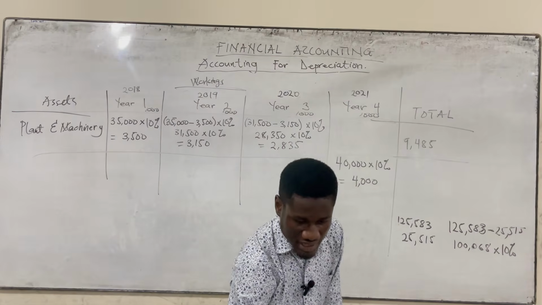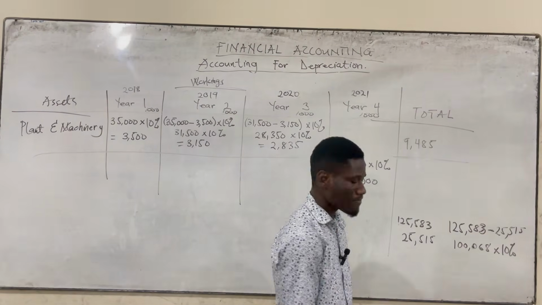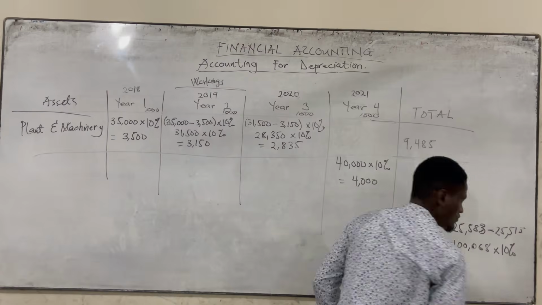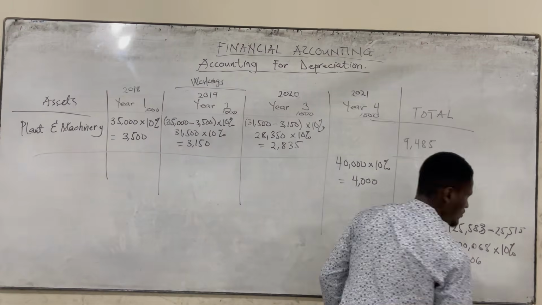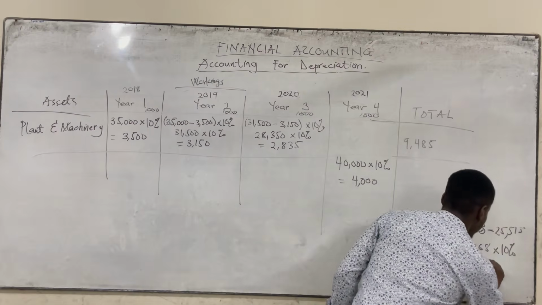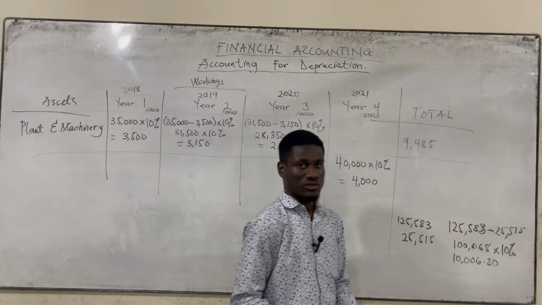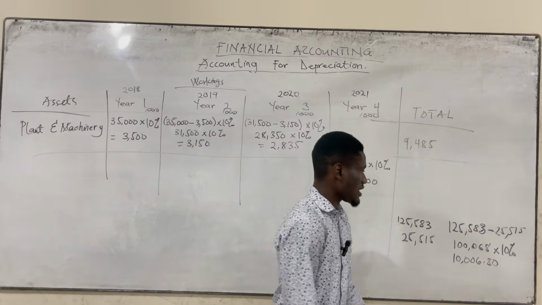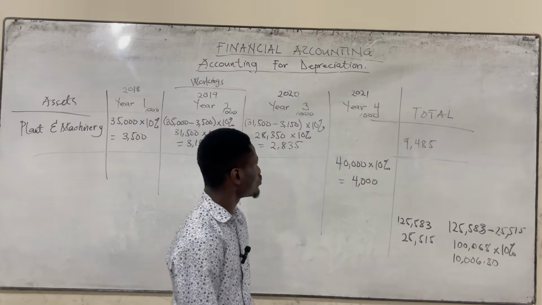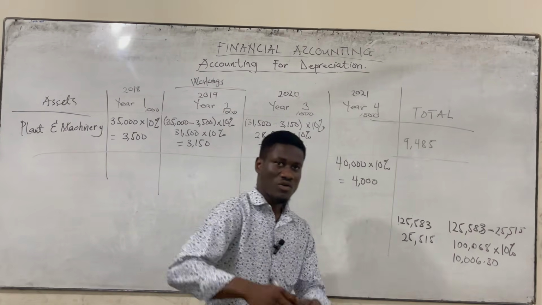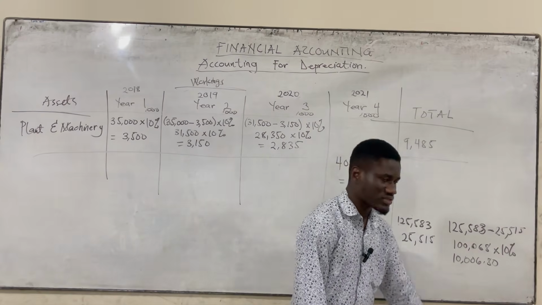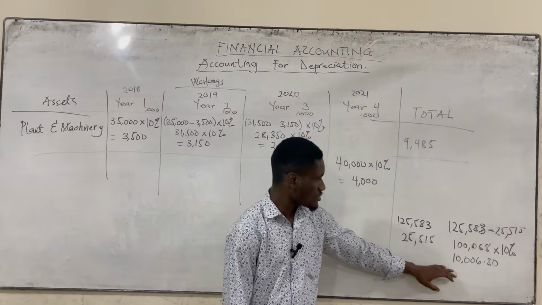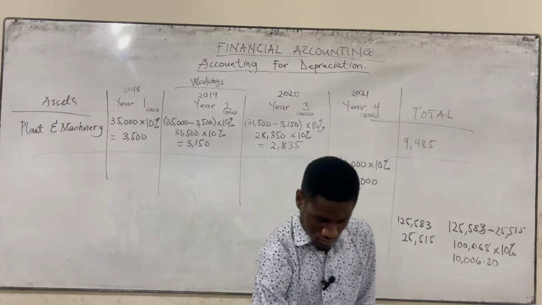So when we multiply it by 10%, we are getting 10,006.80. Do you get it? Good. So that means that for that year, we are having 10,006.80 for our depreciation.